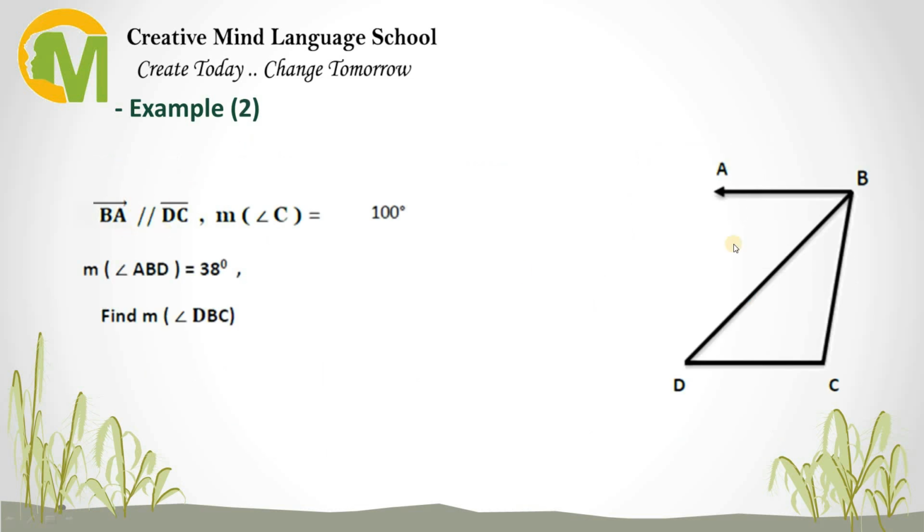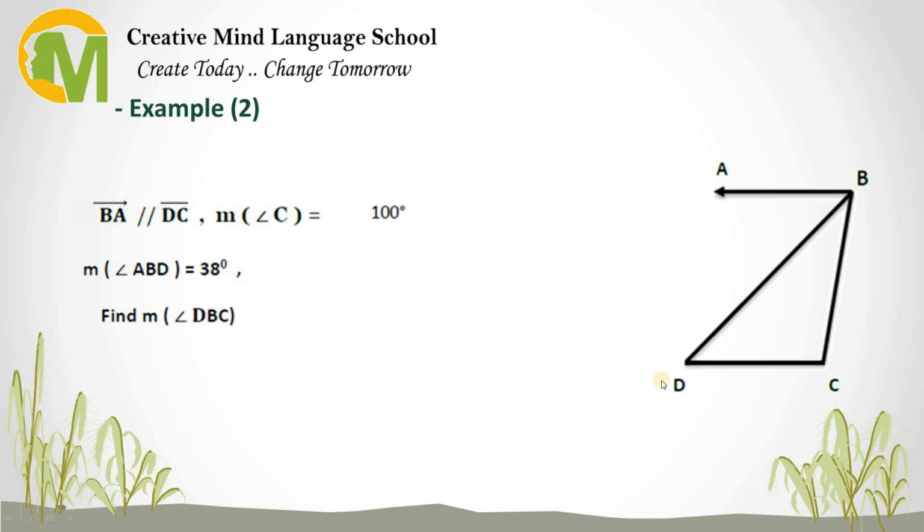Example 2. BA ray is parallel to DC line segment. Measure of angle C is 100 degrees. Measure of angle ABD, this small angle, is 38 degrees.